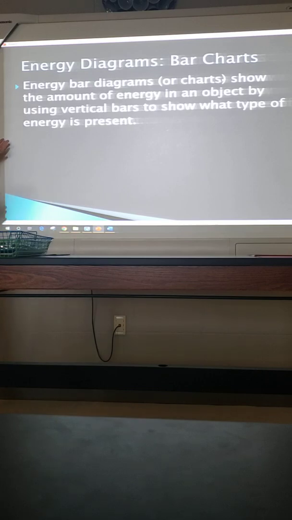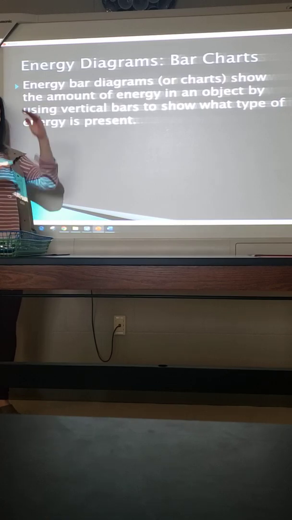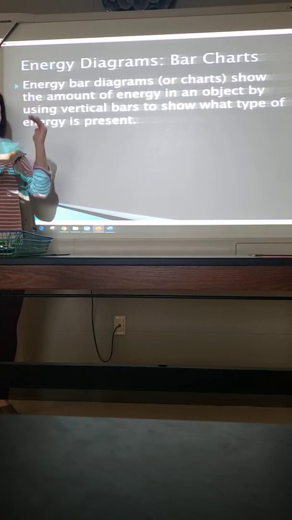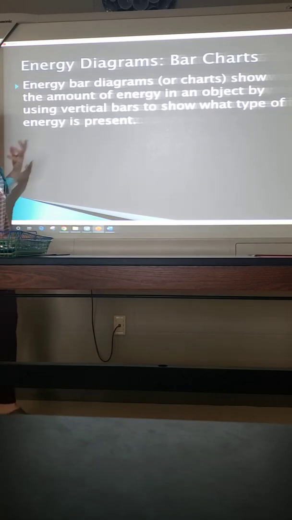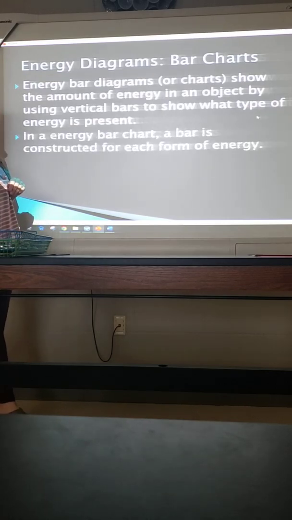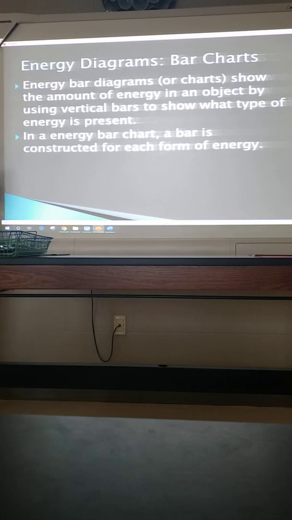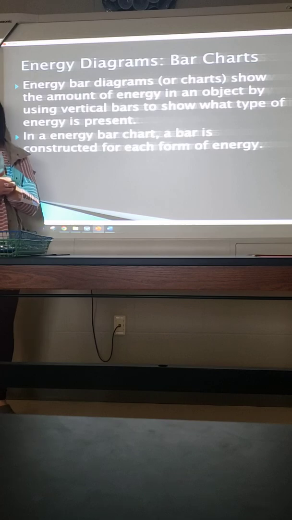And so one of your vocab terms is energy diagrams. With an energy bar diagram or an energy diagram, you'll hear it called multiple things. It all means the same thing. It's basically showing the amount of energy that you have in an object by the vertical position using these different bars, almost like bar graphs in a way. Each bar is going to represent a type of energy. In the bar chart, we're constructing a bar for each form.